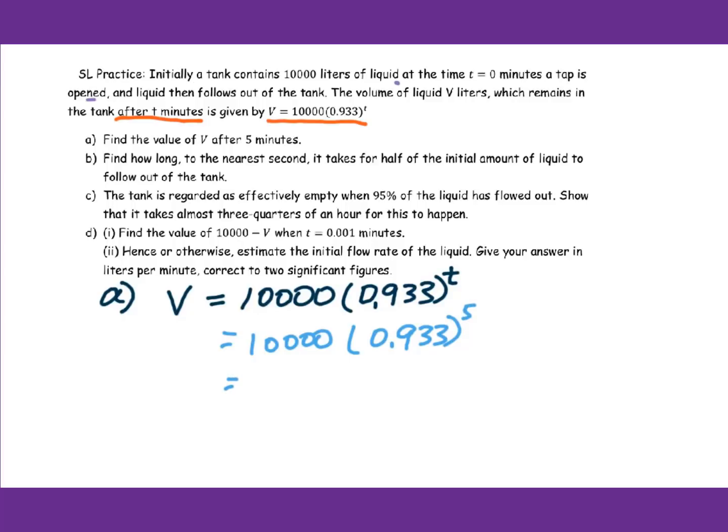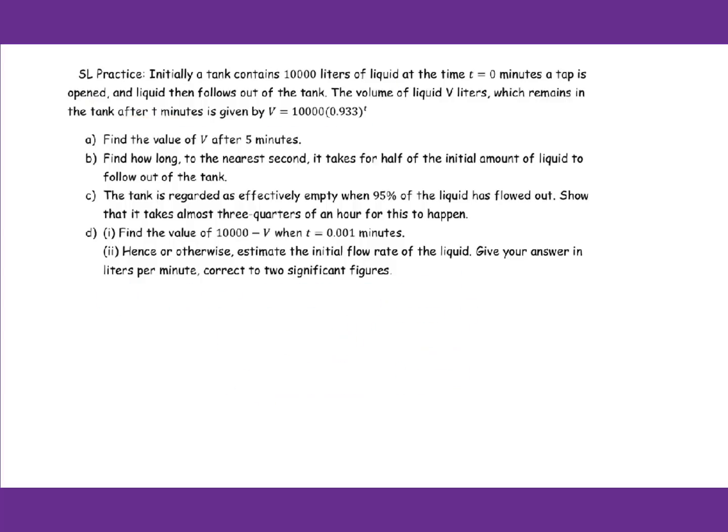Put into calculator, you will get 7,069.82 liters left after 5 minutes. For B, find how long to the nearest second it takes for half of the initial amount of liquid to flow out of the tank.